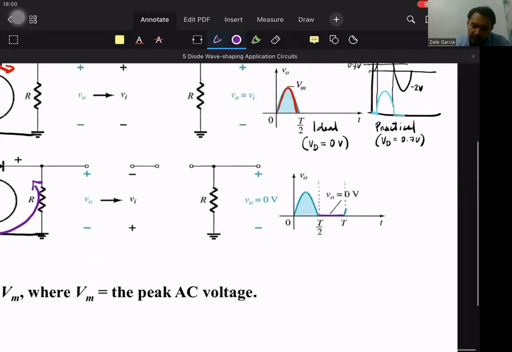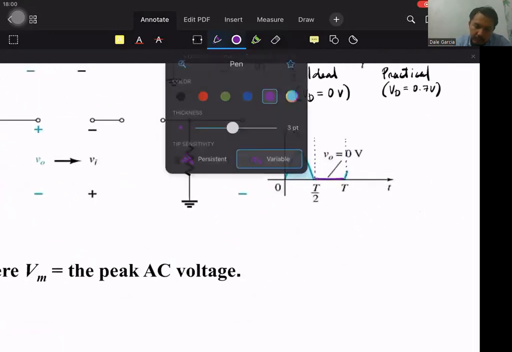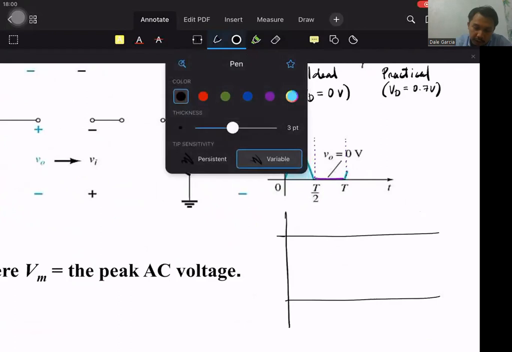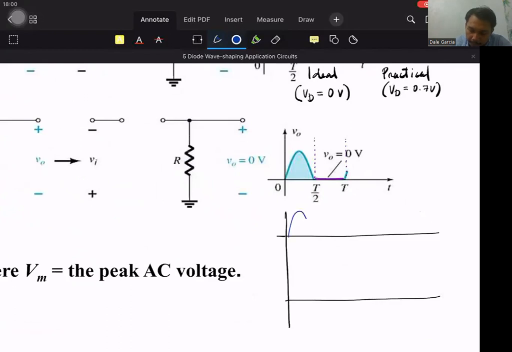So if we summarize everything, if our signal source is an AC signal, there's no need for analysis, you can already determine its output.